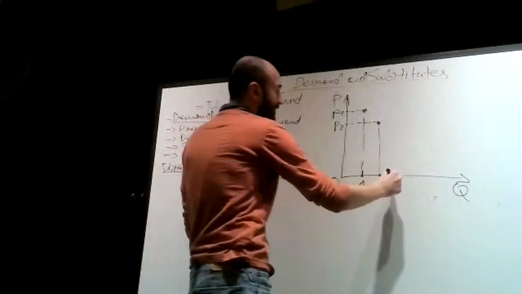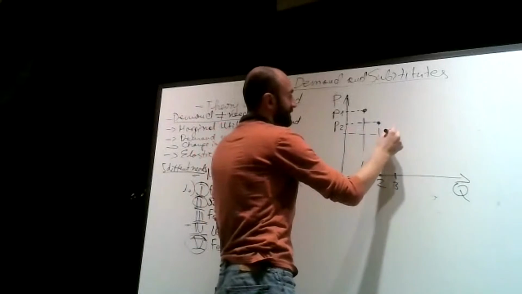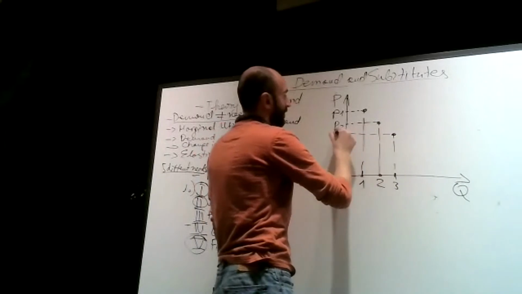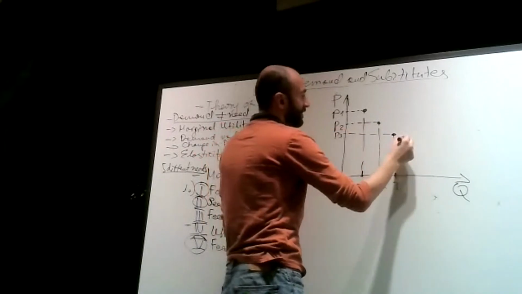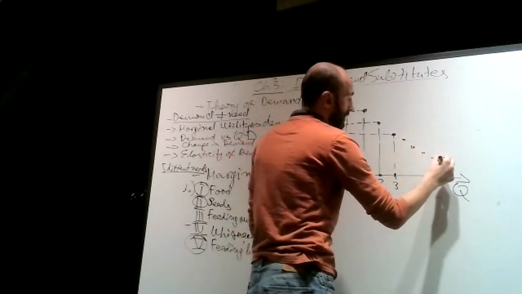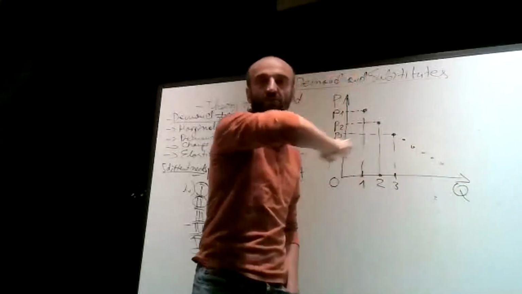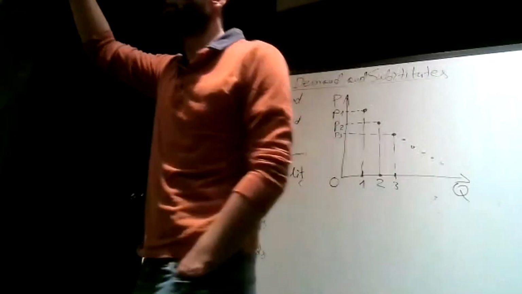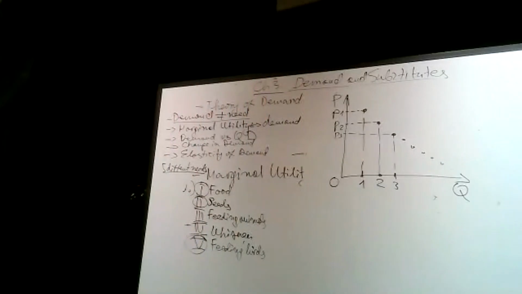And for the third unit, all the same. And so on down the line. So, as you keep stockpiling the good, you would be ready to pay less and less for every additional unit. That's the principle of marginal utility, just plain and simple graphically shown.